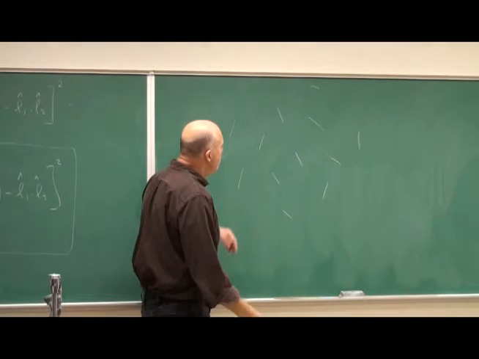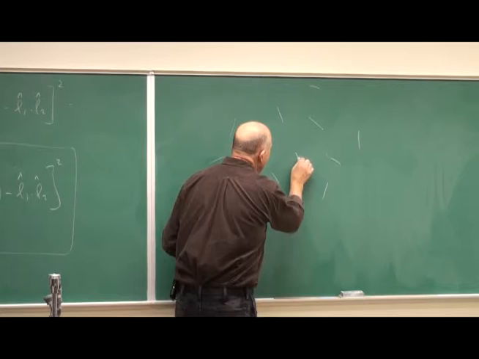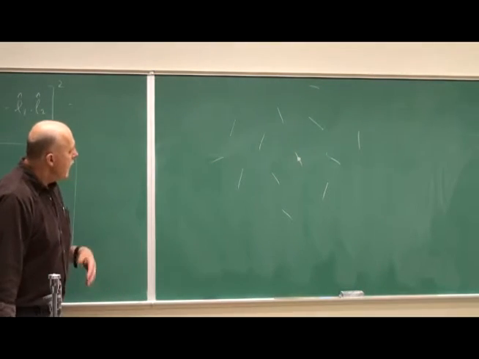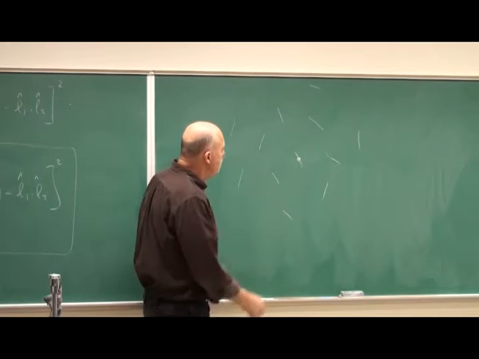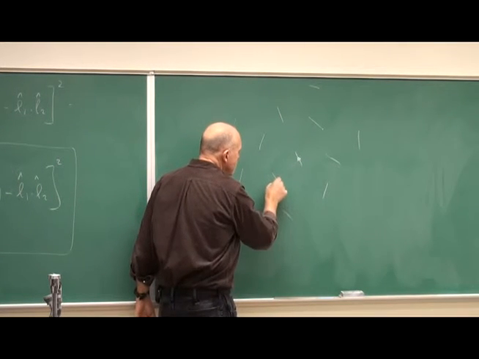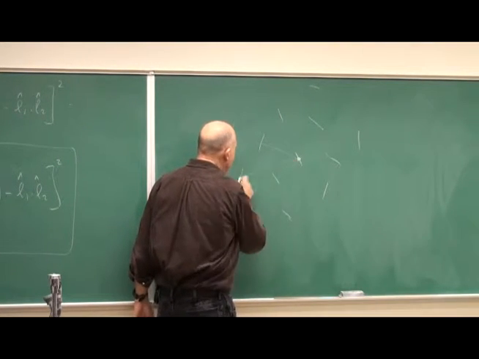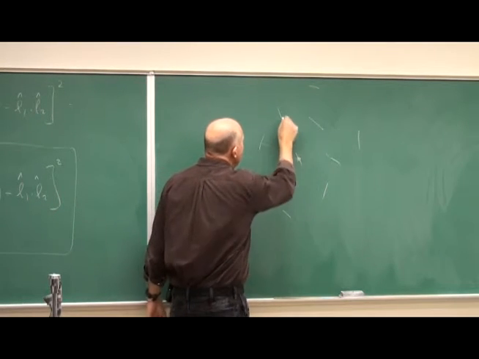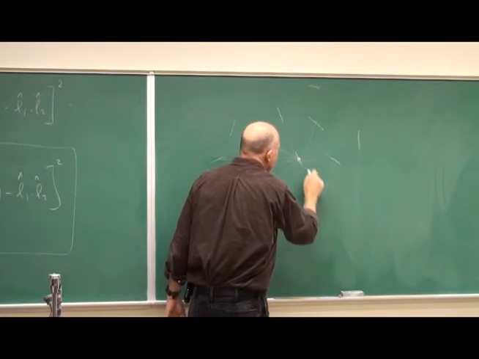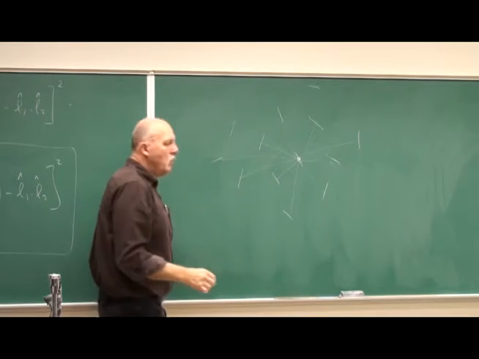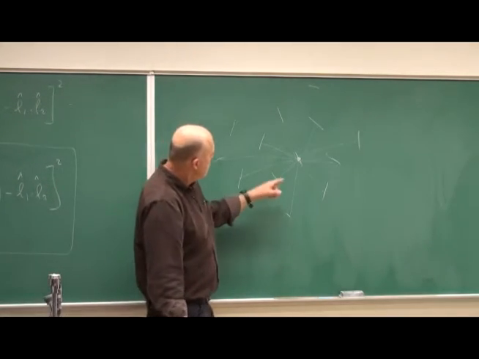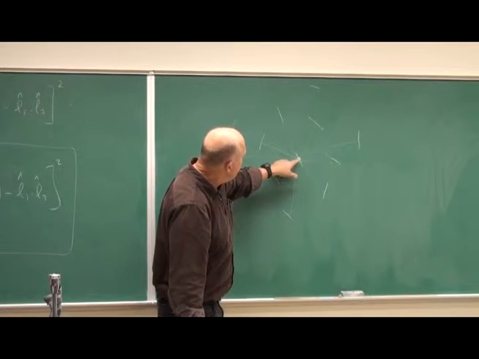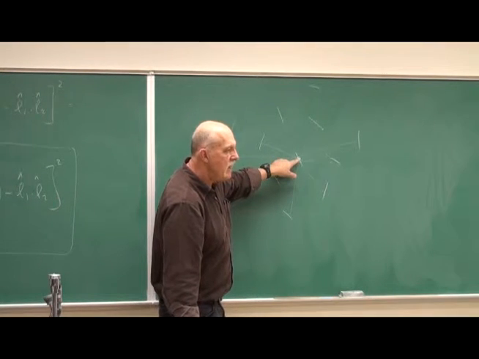So let us imagine a particular rod. This rod will have a potential energy which consists of its interaction with this guy, this guy, this guy, all these guys. So we have to figure out what this energy is, which means we have to sum.